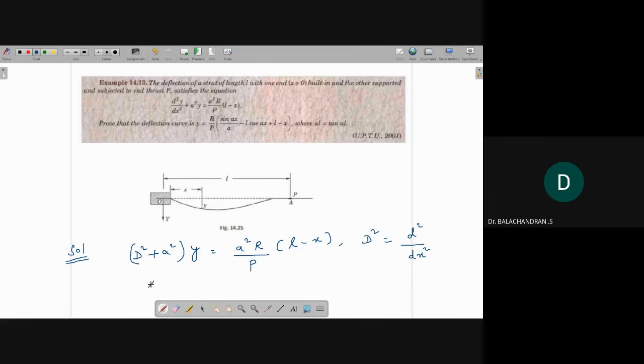Auxiliary equation is m square plus a square equal to 0. This implies m square equal to minus a square, which implies m equal to plus or minus i.